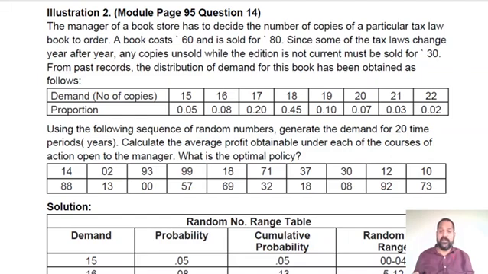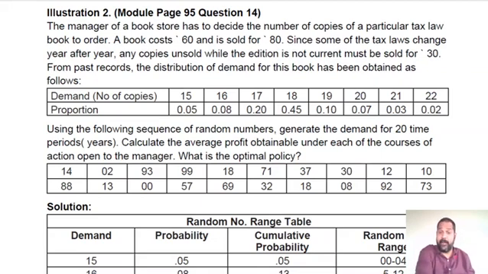Using the following sequence of random numbers, generate the demand for 20 time periods, and the period here is an annual period or year. Always remember to check. They have asked you to generate for 20 time periods. So if they have given you more than 20 random numbers, you will skip the last ones. You will only take the first 20.